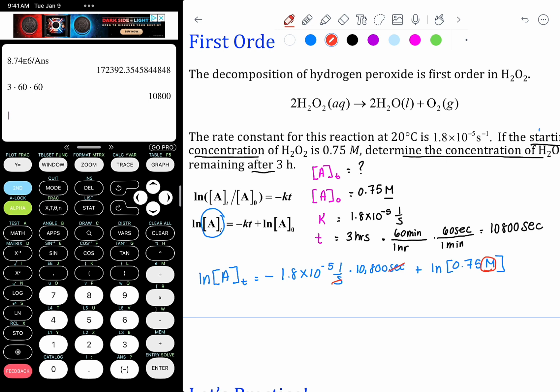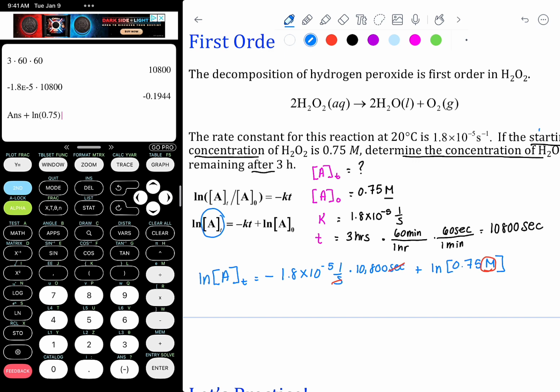So let's simplify. We have negative 1.8 times 10 to the minus 5 multiplied by that 10,800. We're going to add to that value the natural log of 0.75. Remember, natural log is just a mathematical function on your calculator.